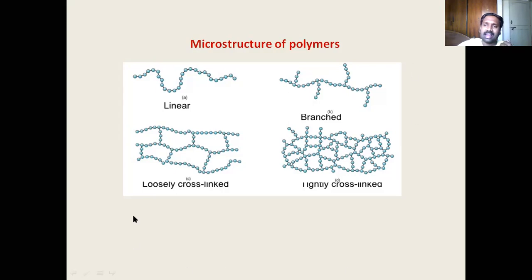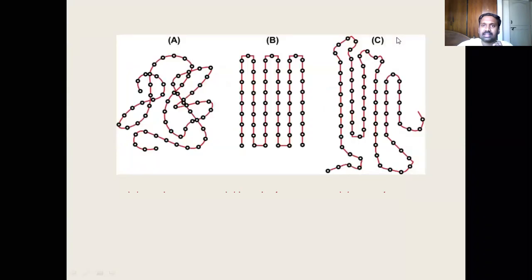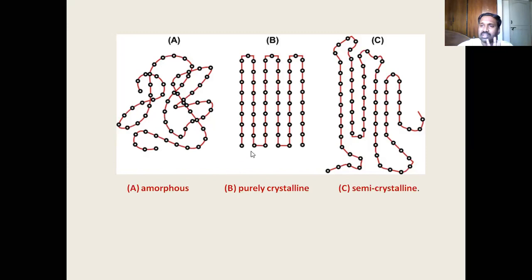Now, let us take the structure of a linear chain example. So why I want you to understand this is, see, this is of course a linear polymer, a schematic representation of linear polymers. But how do you know it's a linear polymer?